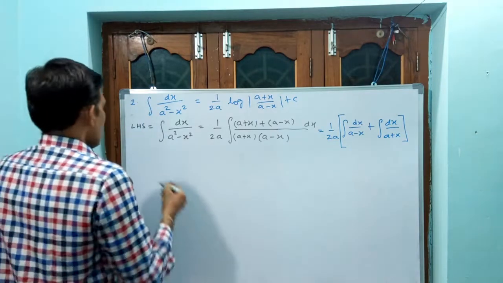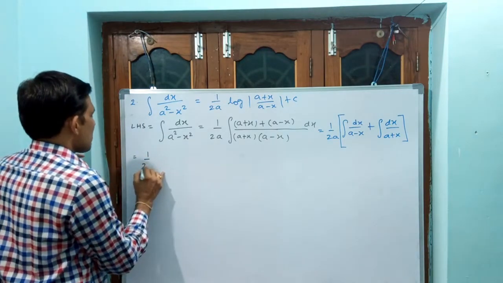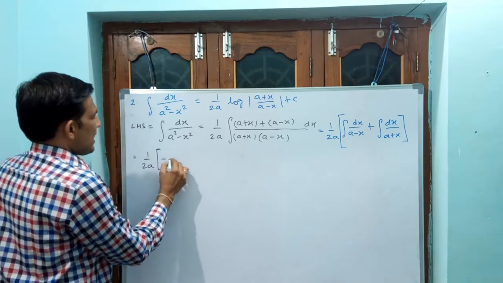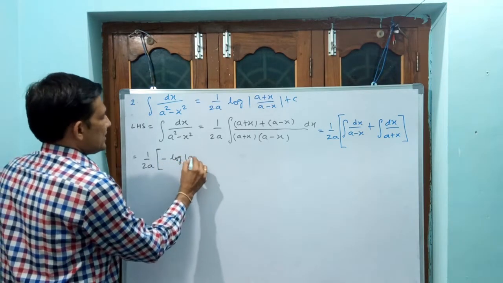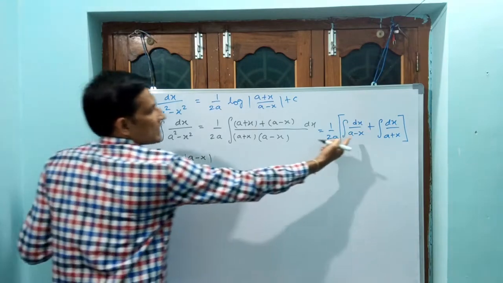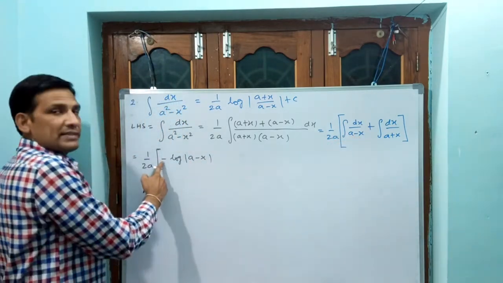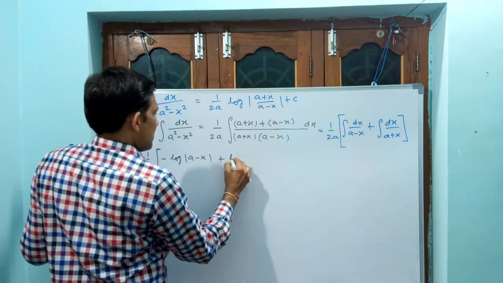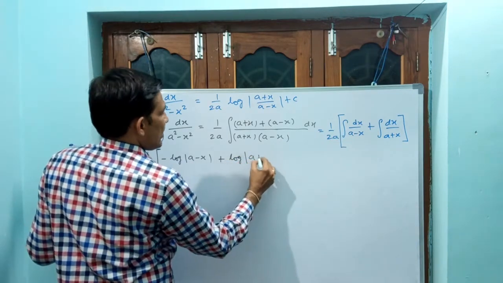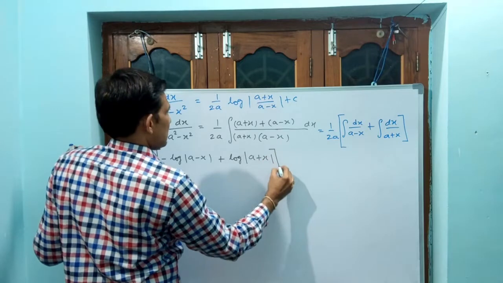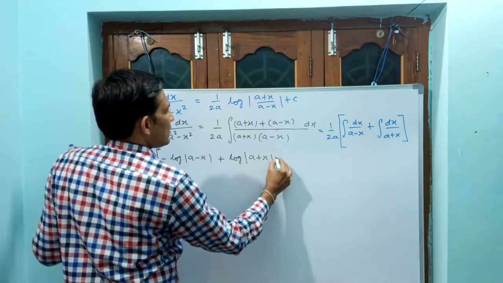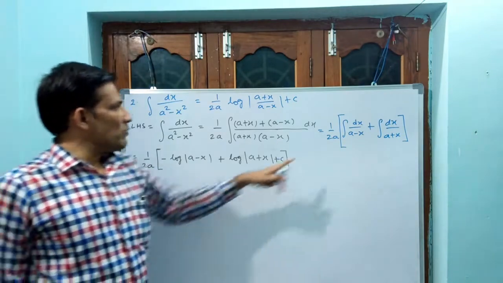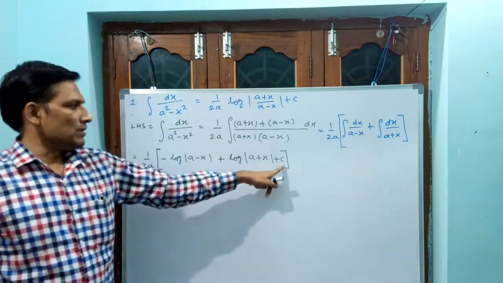That is equal to 1 by 2a, minus log a minus x, because x has got a minus symbol, that is why minus has to come, plus log a plus x, plus c. When you remove the integral symbol, then c has to come.